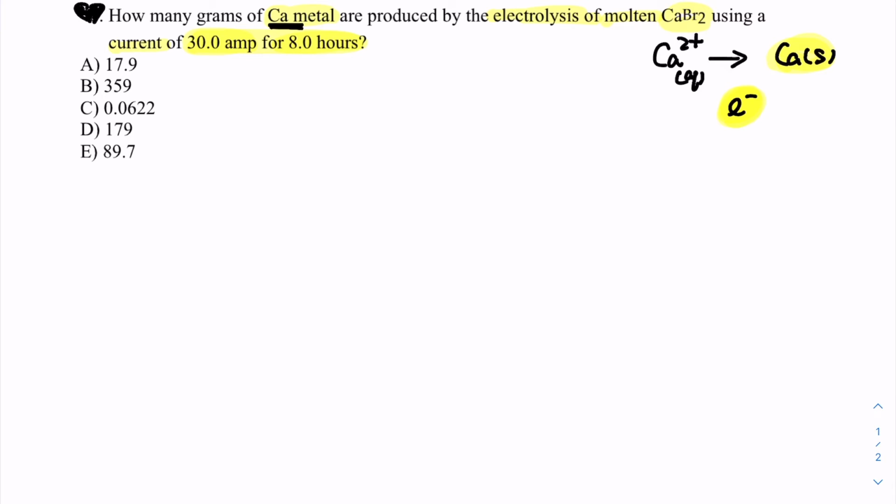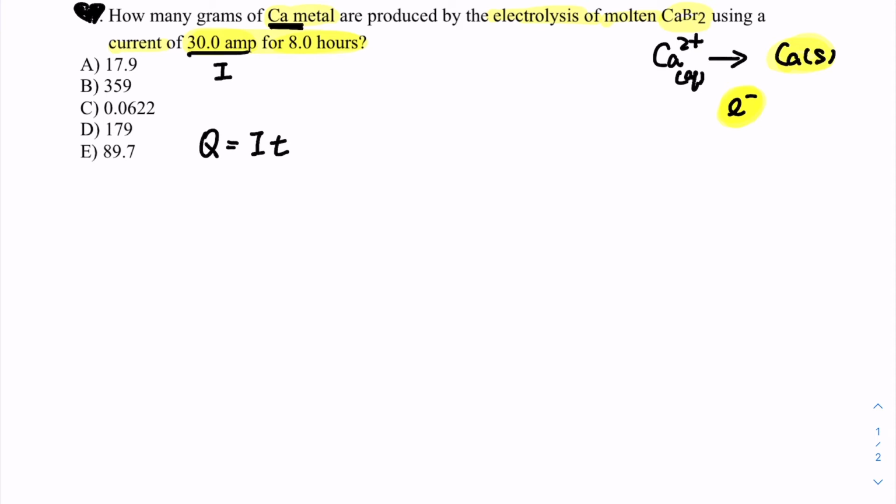Amperes, so that's A, and that's actually our current. So that's I, and you go, okay, I know this equation: Q equals I times t. I is the current times the time, so then we can get the charge.